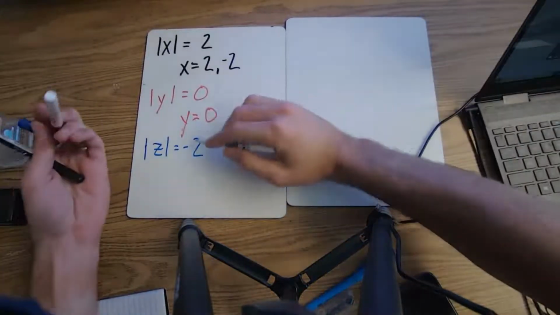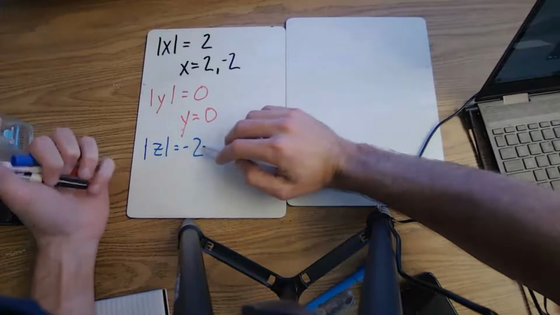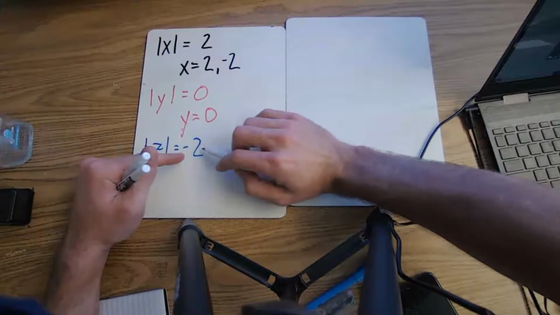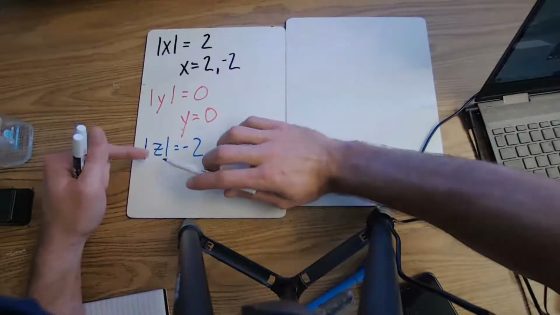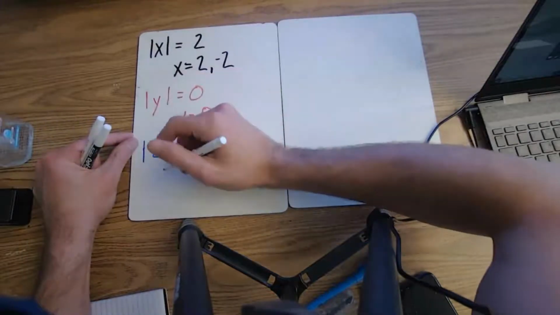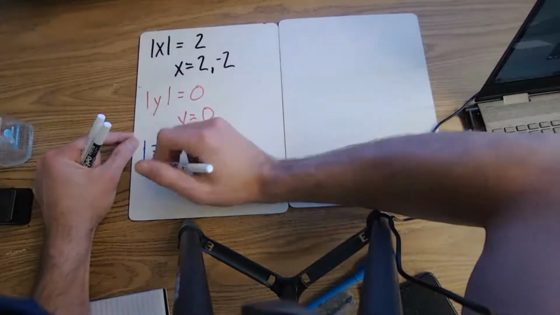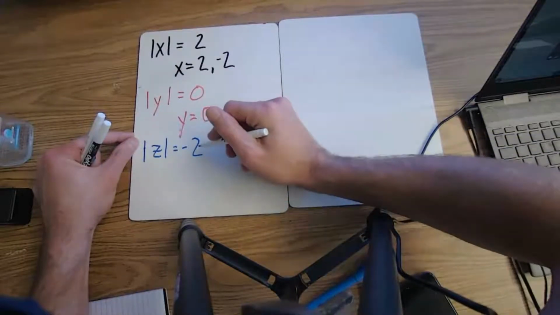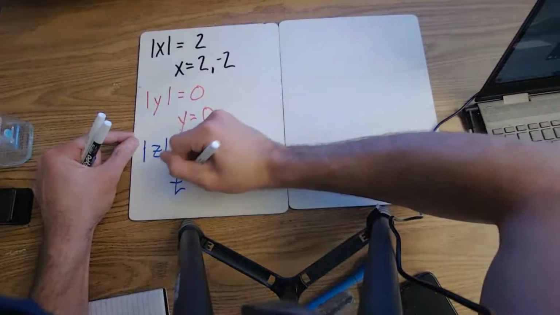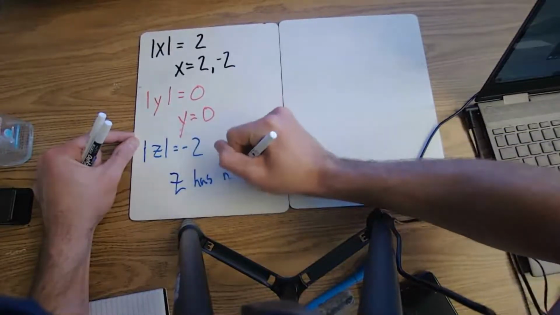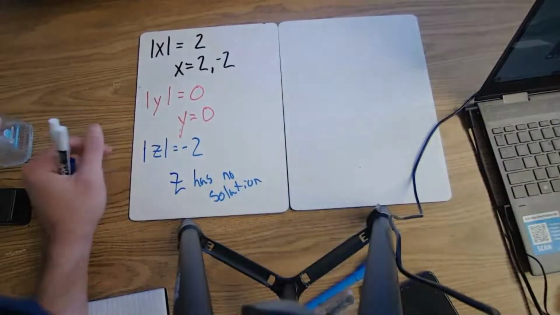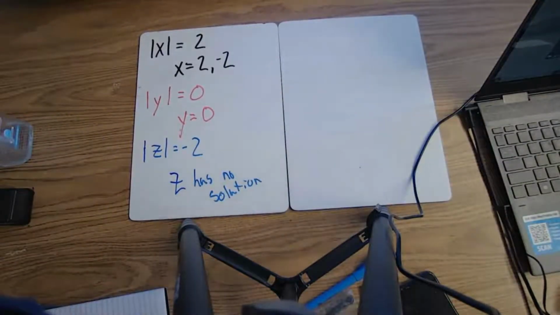Finally, like I've said, we cannot have negative distance. So this absolute value of z equaling negative 2, the possibilities of z are nothing. There's no possible number for me to find that would be that if I took the absolute value of it, I'd get a negative number out. Z has no solution. It's impossible. Okay?